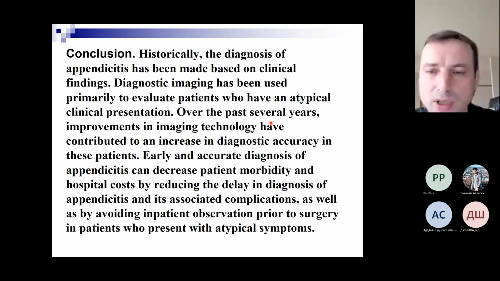Early and accurate diagnosis of appendicitis can decrease patient morbidity and hospital costs by reducing the delay in diagnosis of appendicitis and its associated complications, as well as by avoiding inpatient observation prior to surgery in patients who present with atypical symptoms.